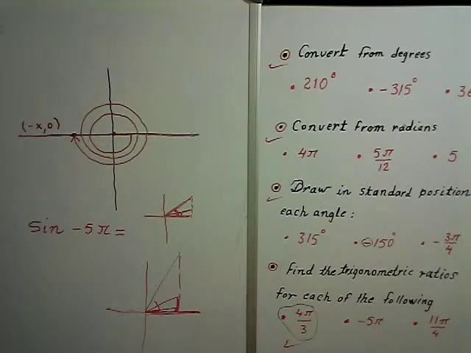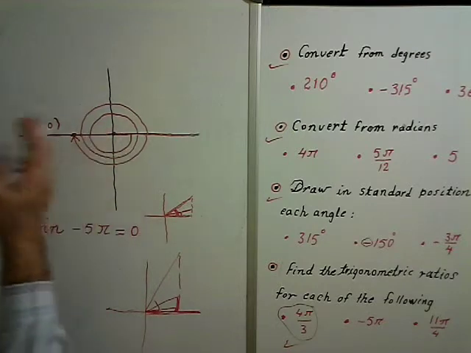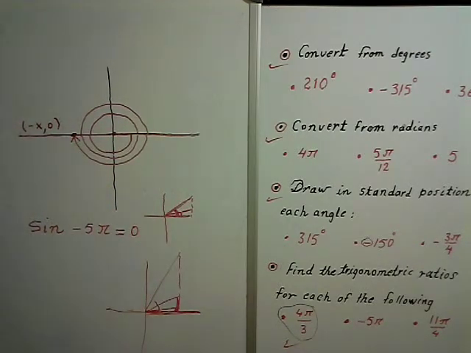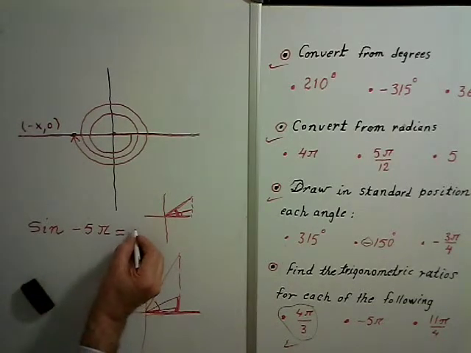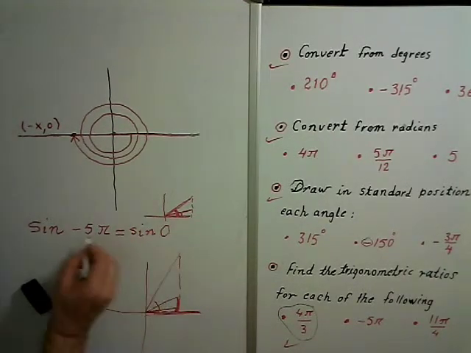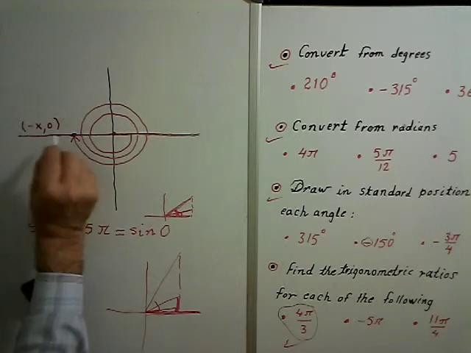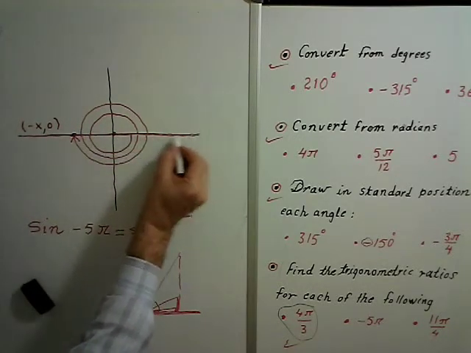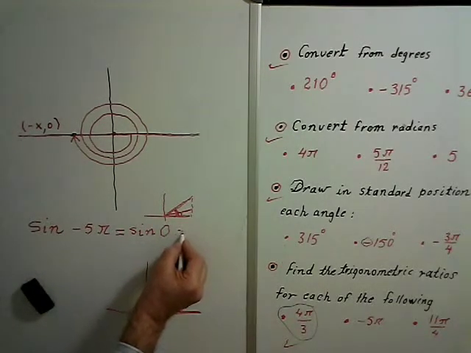So 0 over the hypotenuse means 0. So the sine will be 0, because as we considered here, it's the same as the angle 0. So sine of 0 is 0.